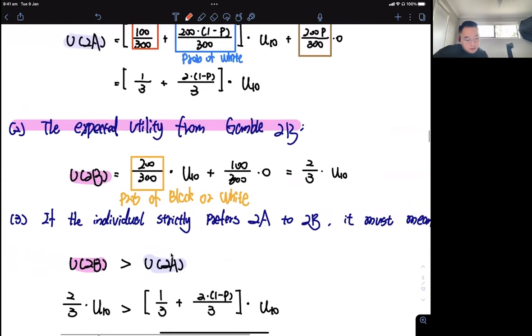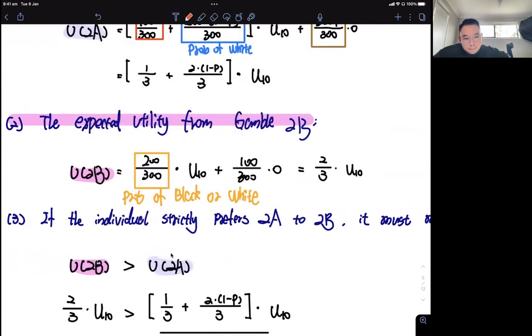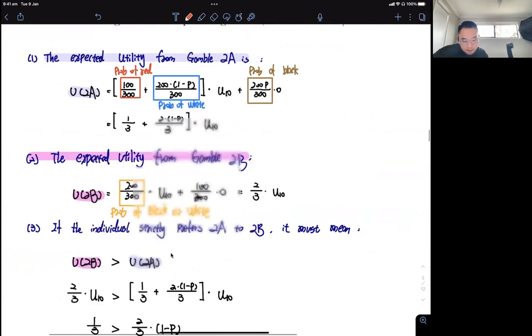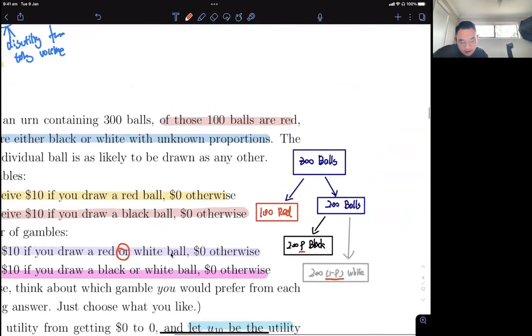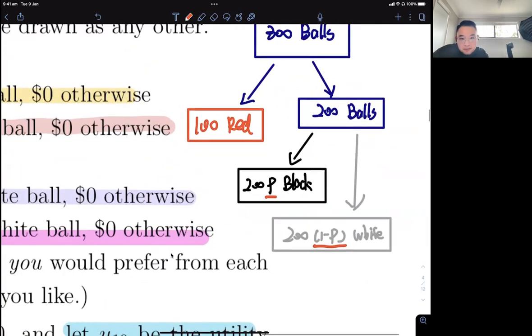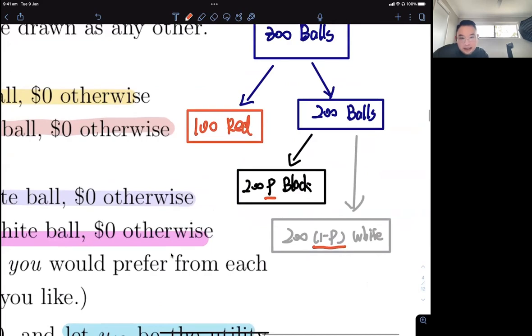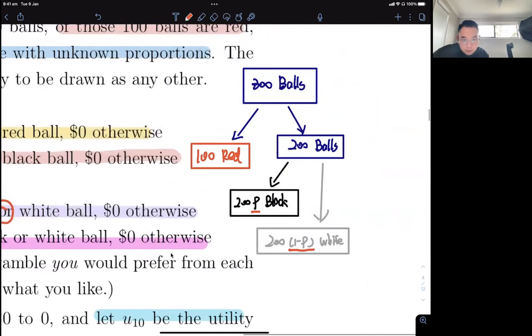How about the expected utility from gamble 2B? For gamble 2B, you get $10 and utility U10 if you get either a black or white ball. Remember how many black and white balls in total we have? We have 200 of them, 200 black or white balls out of 300 balls in total.